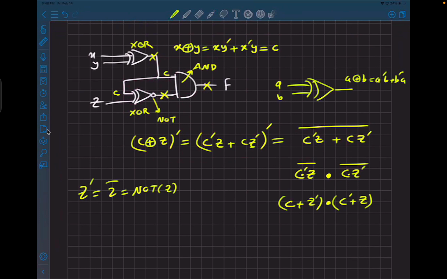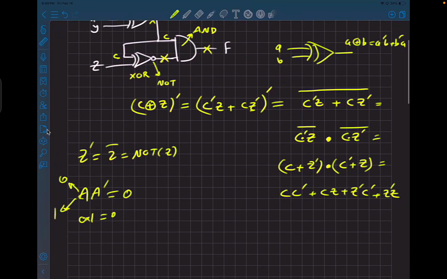Now distribute. So this equals to C bar or C prime plus CZ plus Z bar C bar plus Z bar Z. We know A A bar equals to 0 because A is either 0 or 1. These are bits. If A is 0, it becomes 0 times 1 equals to 0.